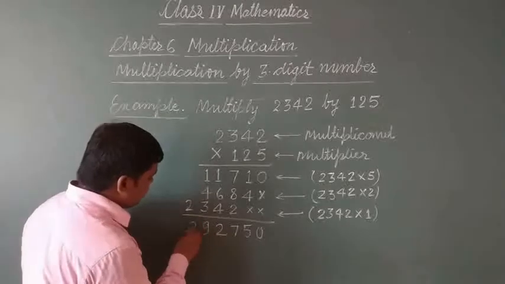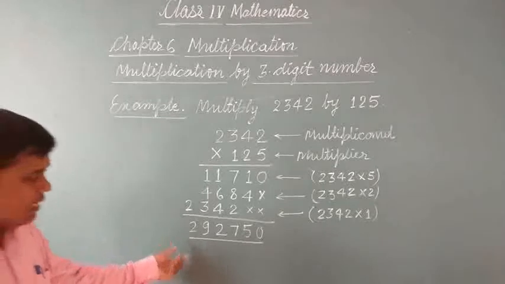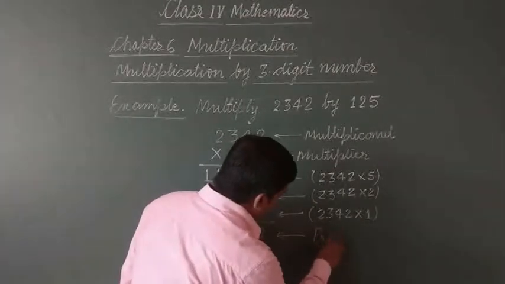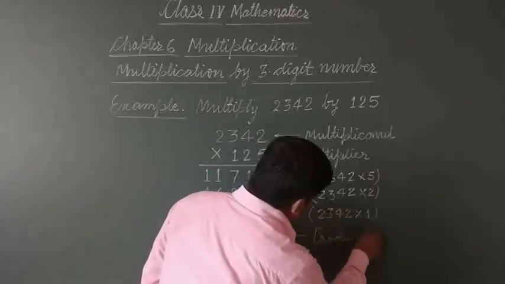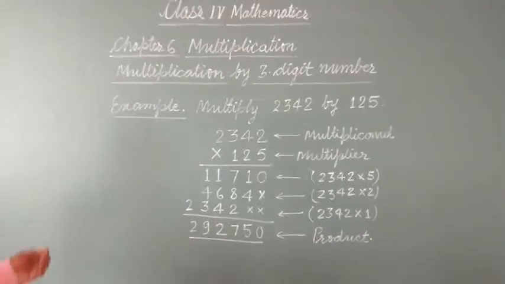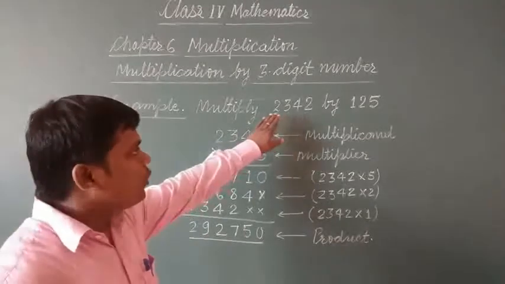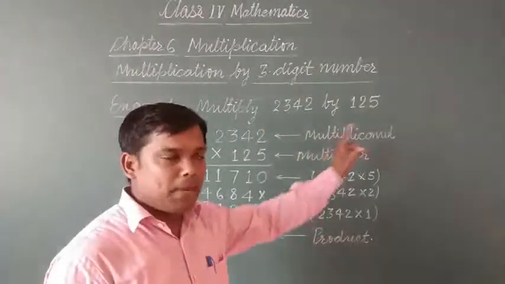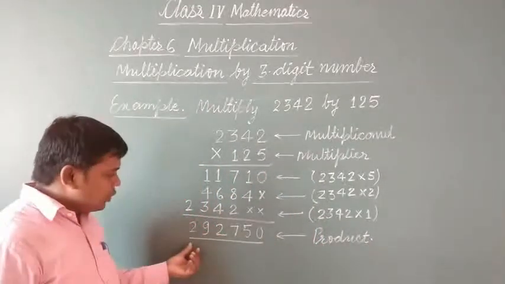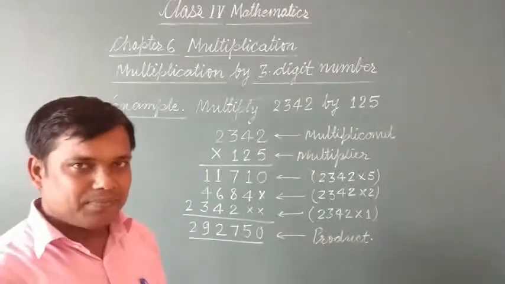And here it will be 2. So this is the required number and it is called the result. It is the product. It means when we multiply 2342 by 125, we got the product 2,92,750.